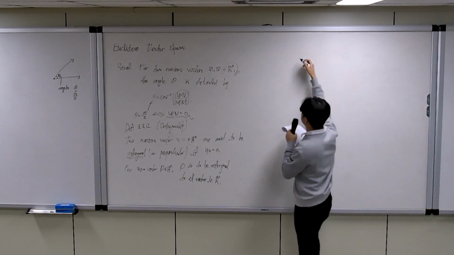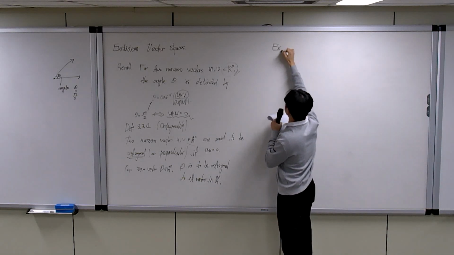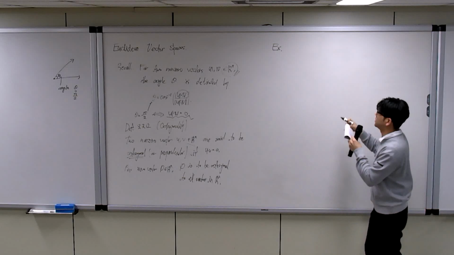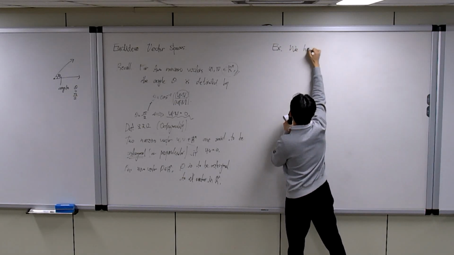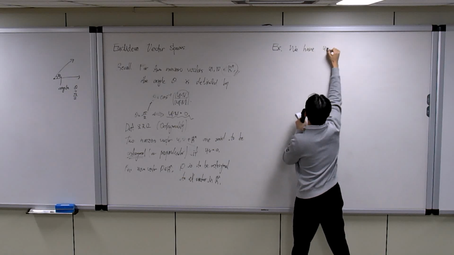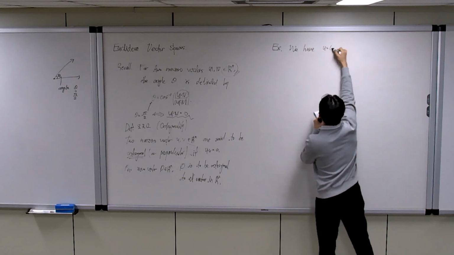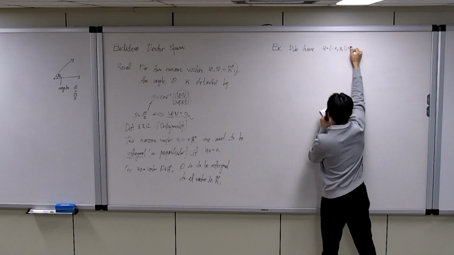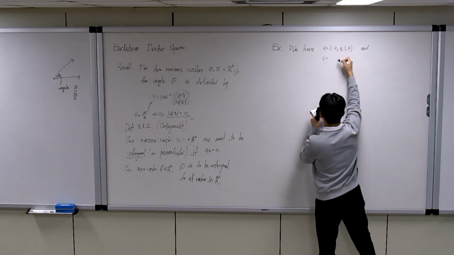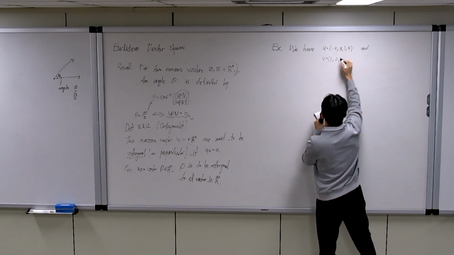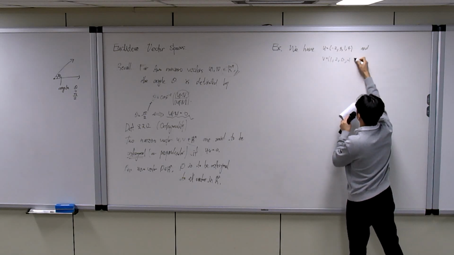So let me give an example. We have two vectors, u equals minus 2, 3, 1, 4, and let v be a vector having the coordinates 1, 2, 0, minus 1.